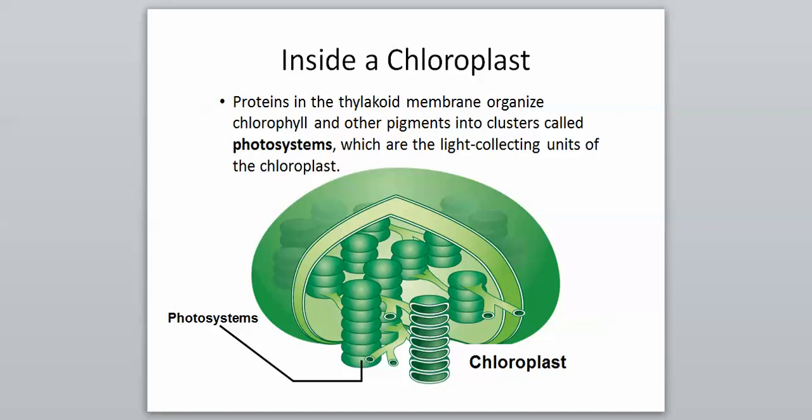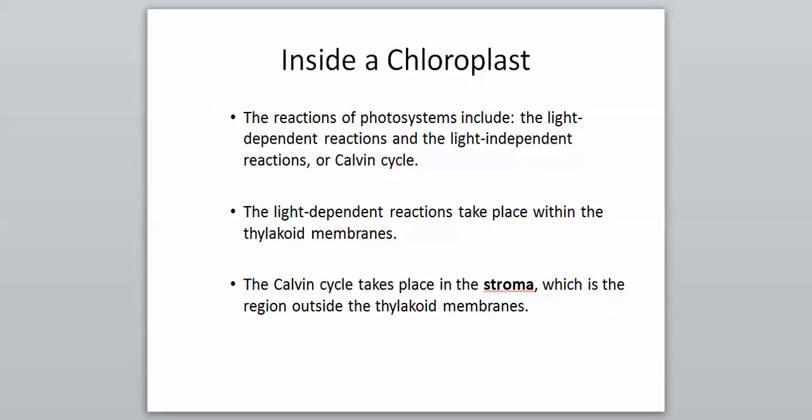Photosystems lie inside a thylakoid, and a bunch of thylakoids make up a granum, which all make up the chloroplast. The reactions of the photosystems include the light-dependent reactions, which means light is needed, and the light-independent reactions, which means light is not needed, or the Calvin cycle. The light-dependent reactions take place within the thylakoid membranes, and the Calvin cycle takes place in the stroma, which is the region outside of the thylakoid membrane.